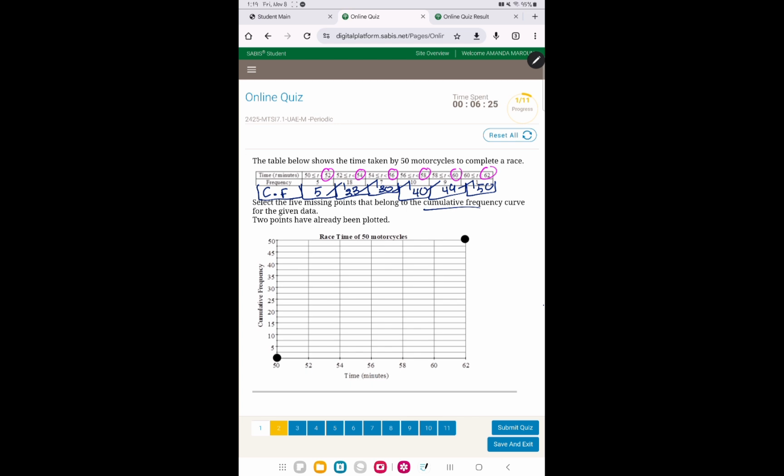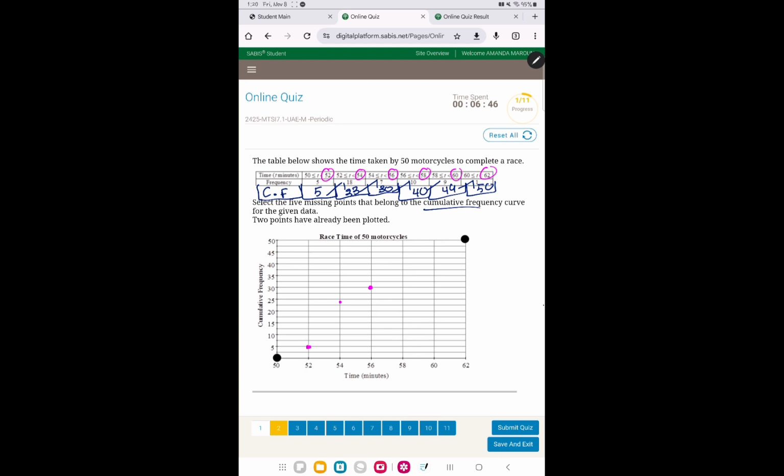So, at a time of 52, you are going to have a frequency of 5. At a time of 54, you are going to have a frequency of 23. So it is approximately over here. At a time of 56, you are going to have a frequency of 30.